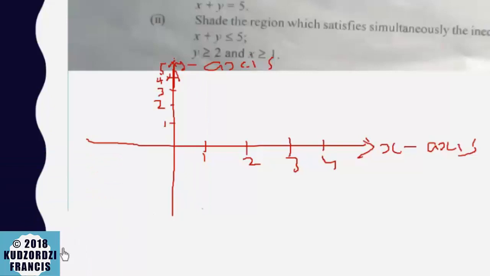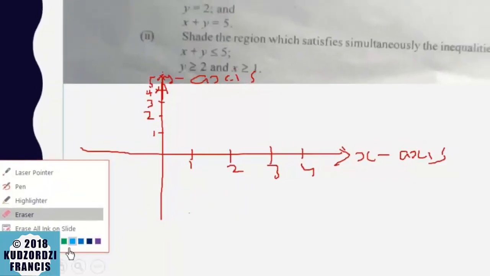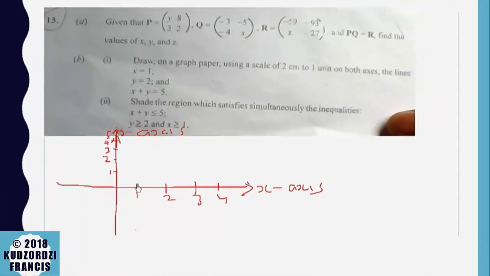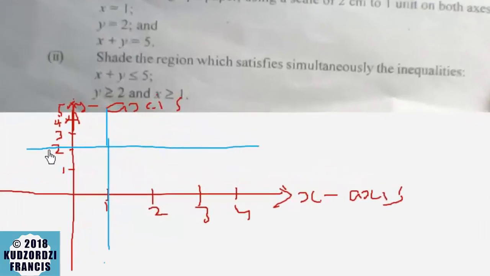So we draw x equal 1 to pass through this. Good. Then we draw y equal 2 also. So y equal 2 passes through this. Then we are going to draw x plus y equal 5.